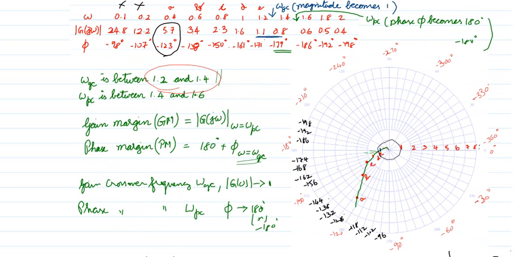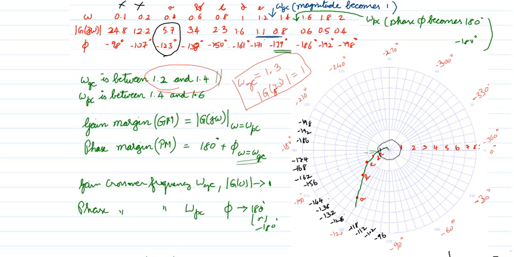Now it is between those two values, so I put 1.3 and get 0.98. So omega gc is 1.3, where the magnitude has become 1. Using the calculator trial and error method, I have found that value.